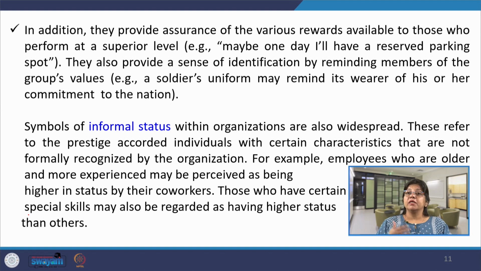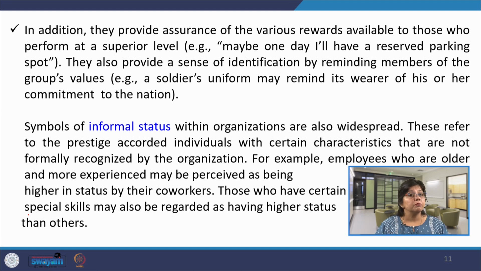Maybe this kind of status is not formally recognized, but based on day-to-day interaction and interpersonal relationships, we tend to accord such practice to our employees. So, those who have certain special skills may also be regarded as having higher status than others. It is not only about having maximum experience. There are people within organizations who have special skills and who perform special tasks and roles in the organization.